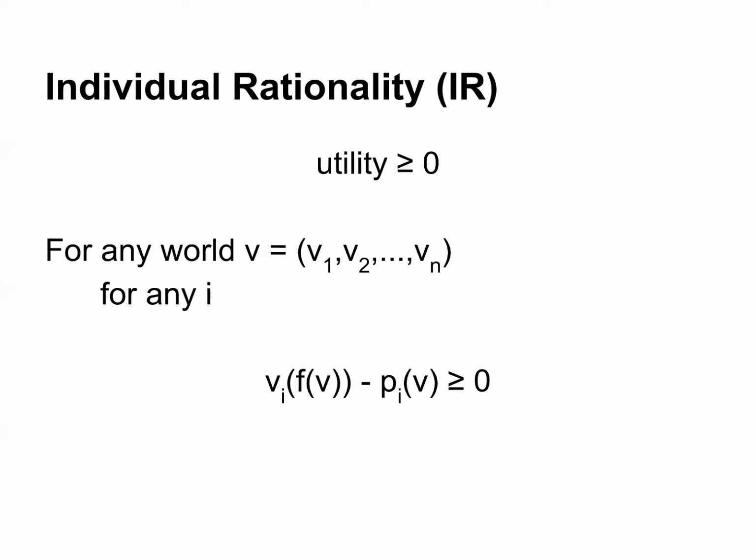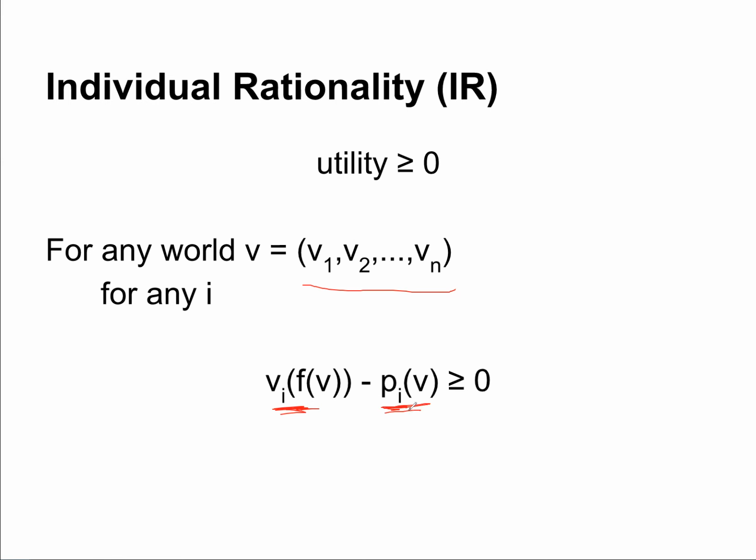The individual rationality. We want the users to be happy with the markets. And with our notation, we can now give the exact formulation for it. We want to say that no matter what the users are, your social choice function and your payment function should be such that for every user, what the user gets, the valuation, should be at least as large as the user payment.